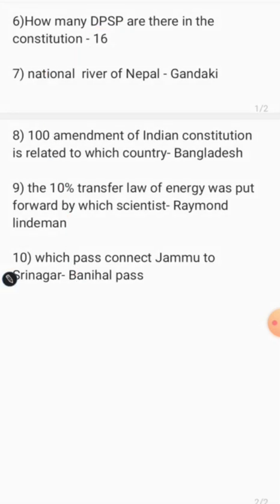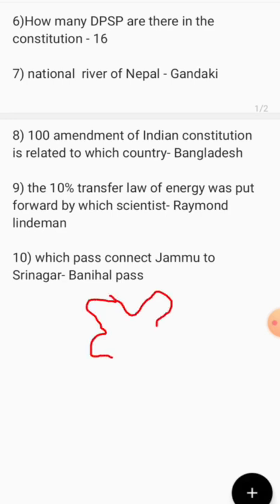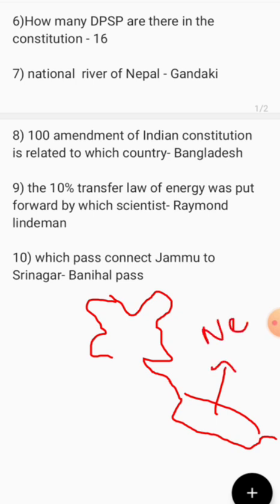Next question is the national river of Nepal. We know that Nepal is a country that lies near the Indian subcontinent, that shares most of its boundary with India. So Nepal is situated here. It's sure that a river originating or traveling through Nepal, in order to reach the sea, has to travel through India.